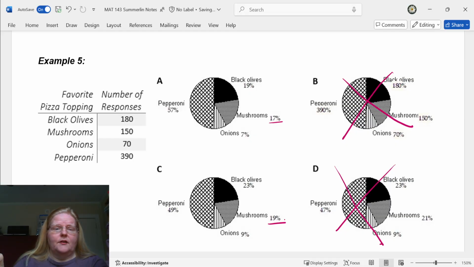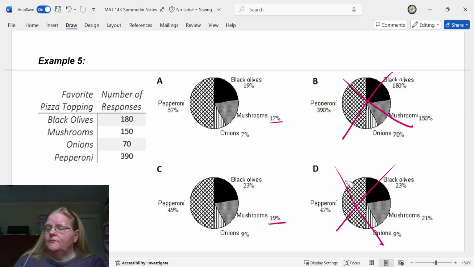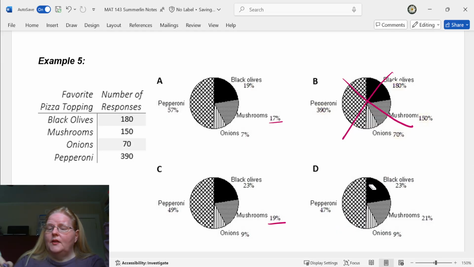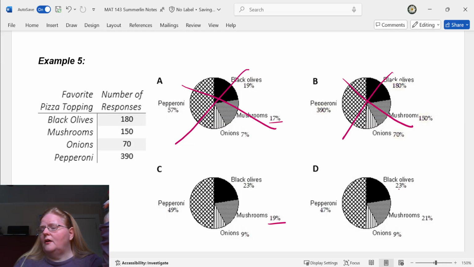I'm sorry, I marked out the wrong one. This one is the one that I needed to mark out. That it couldn't have been, because that's not 50%, that's 50%, not 47. So this one it could be, but I don't think that adds up to 100%.